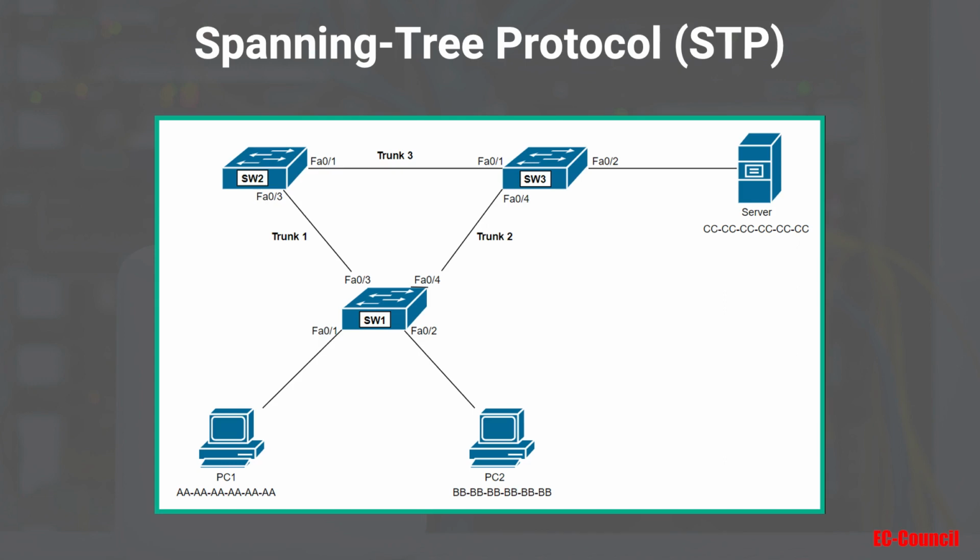Switch 1 will forward the data up to trunk 2 and also forward a copy to trunk 1. The message on trunk 2 will come across on this side, while the message on trunk 1 will go to switch 2. Switch 2 will forward it to switch 3, and it will send an additional copy to the server.